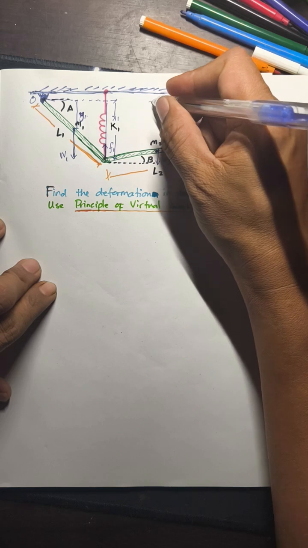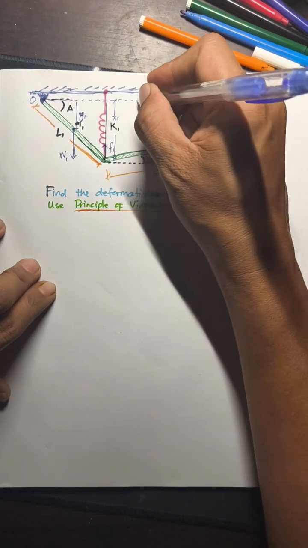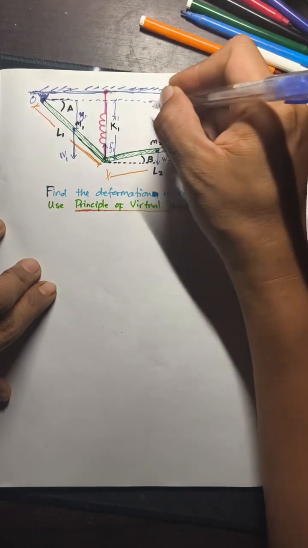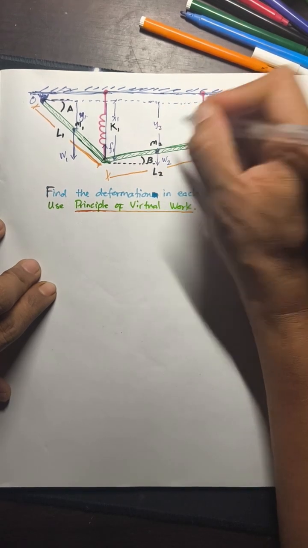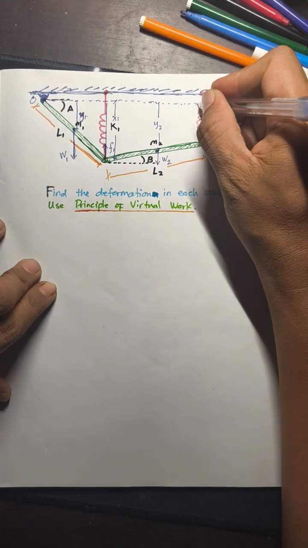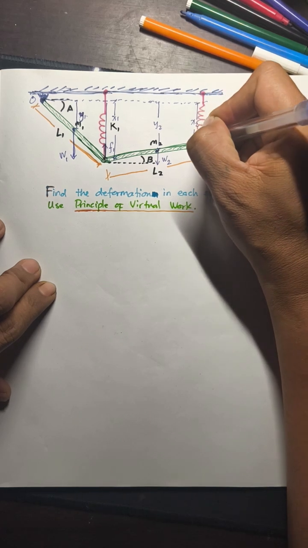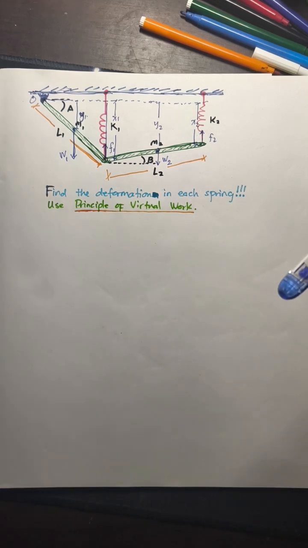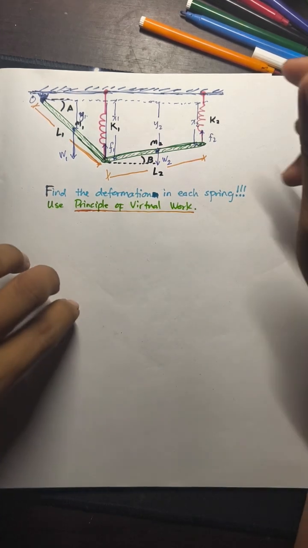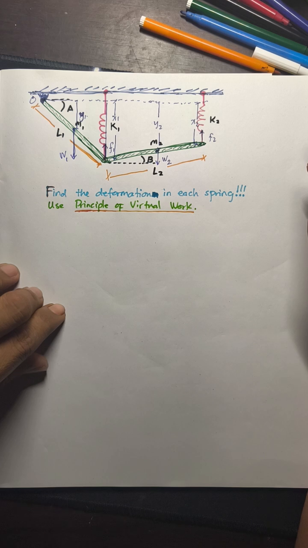And of course this one here would be y2, and this will be x2. Now we can express each coordinate in terms of the others if they are related.